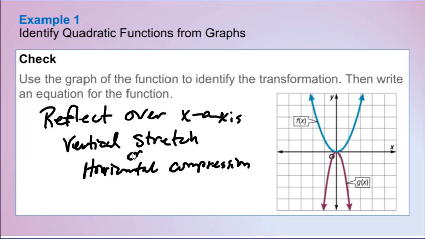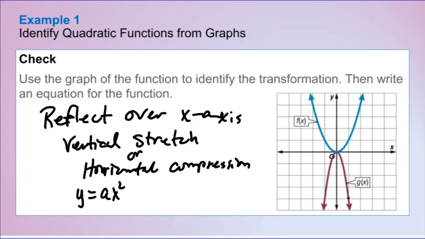Now, since the vertex didn't move, there is no h or k involved with it, but there is an a involved. So if I'm going to use y for g of x, y equals a times x squared. I need to choose an x and y variable on here, but we cannot use the one that's the vertex.